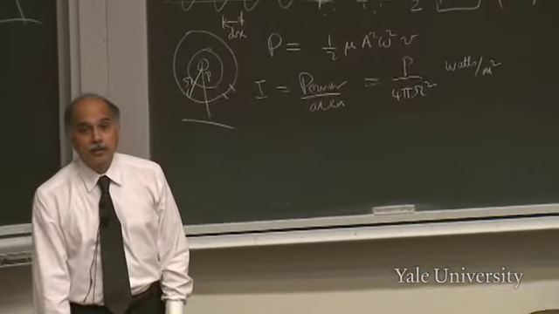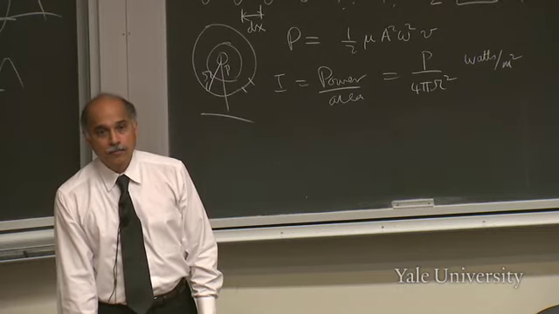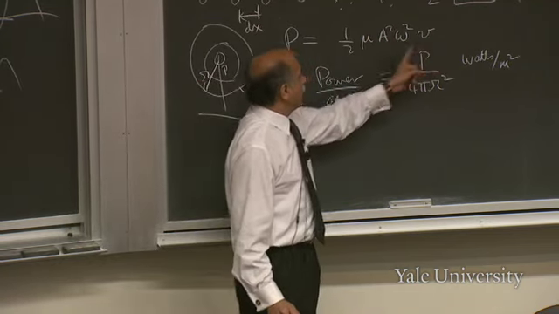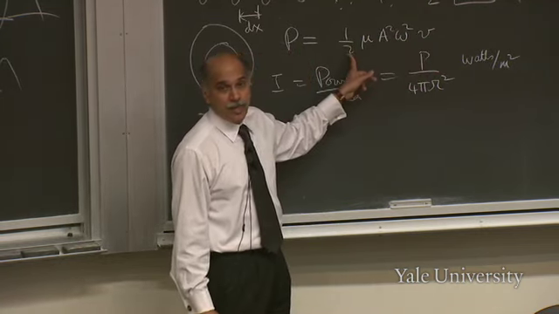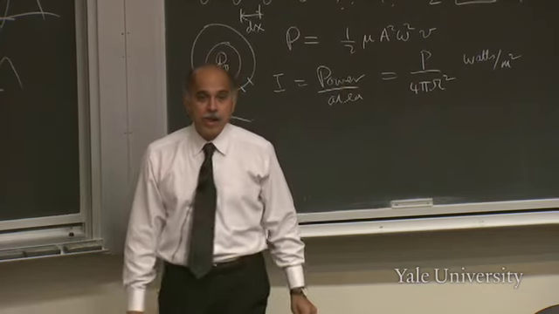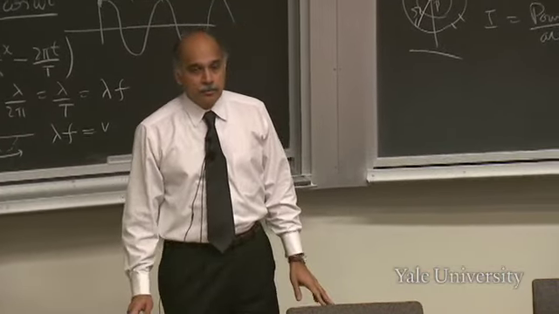Yes? The P equals half mu a squared omega squared v, does that require a T at the end? Because there's units of- This one? Yeah. What else do you think it should have? Should have a T at the end. T for time period? Right. Why? Just because that's energy per length, and you're multiplying by.